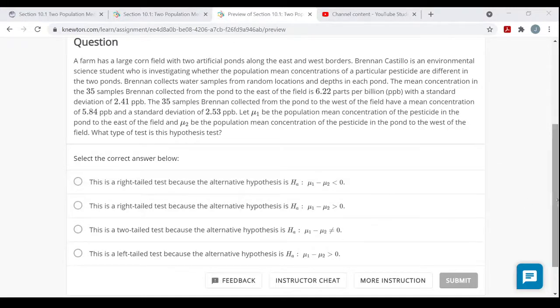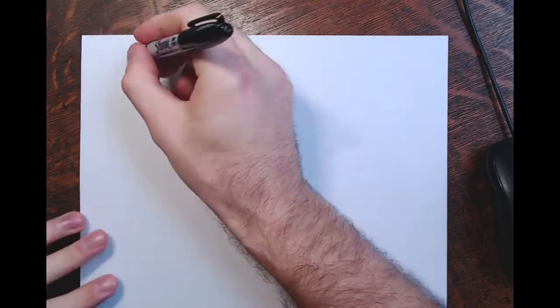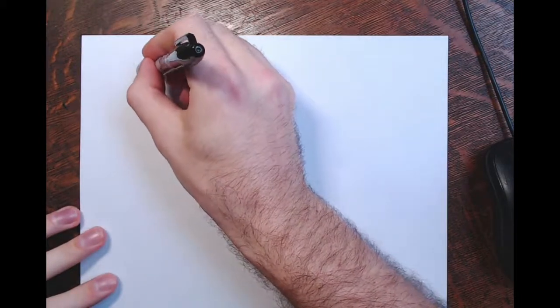All right, so I'll go to a piece of paper. Now, remember, every hypothesis test, when we do it fully and do all the steps, begins with a claim or a belief or something that's trying to be determined.